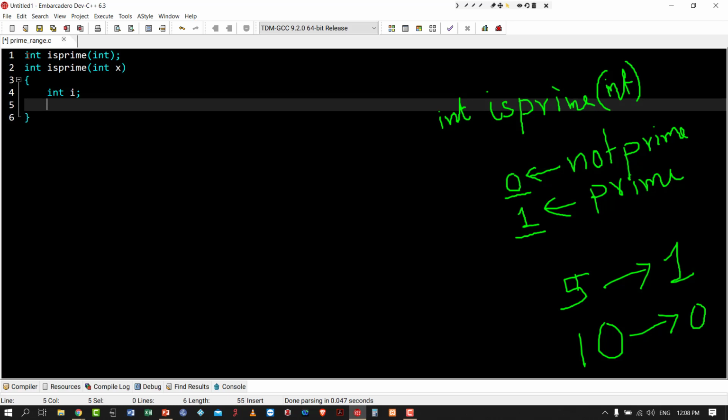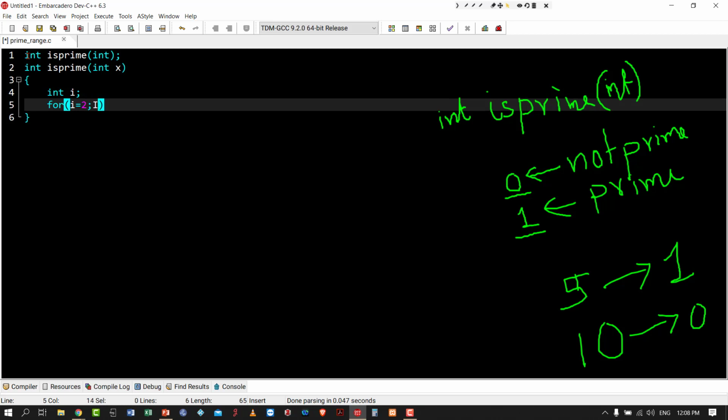So anyone remembers that one? Yes, sir. What is that for loop? i equal to 2. Okay, i equal to 2.